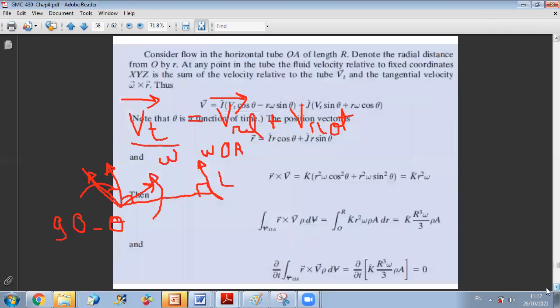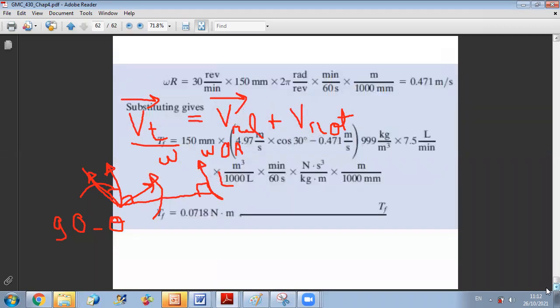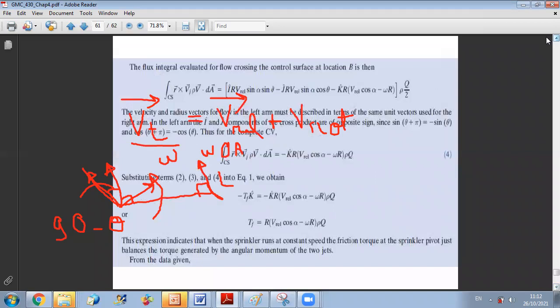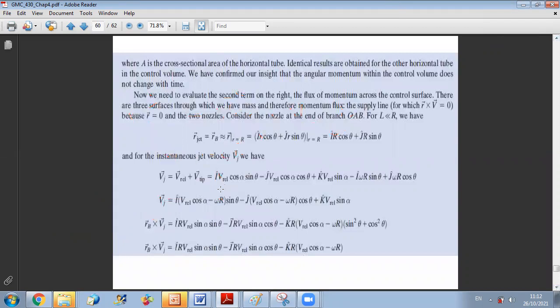Now all we have to do is to compute R vectorial V. As you can see here, the velocity of the tip, as we said, has a negative component along X and positive component along Y, and now we add it to V relative to find the total velocity.